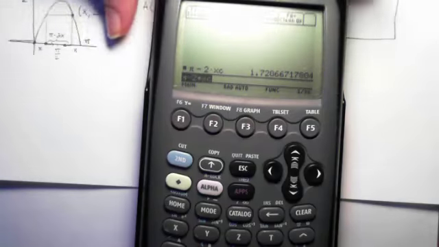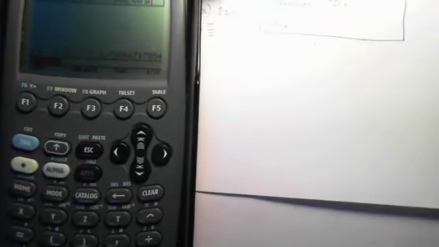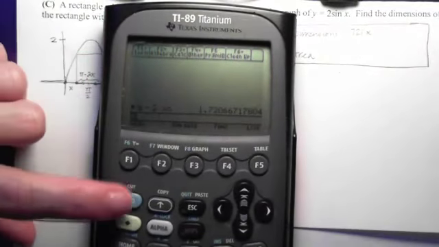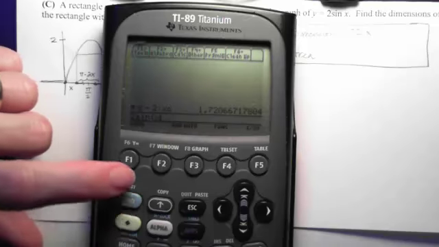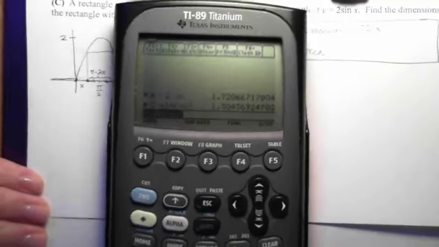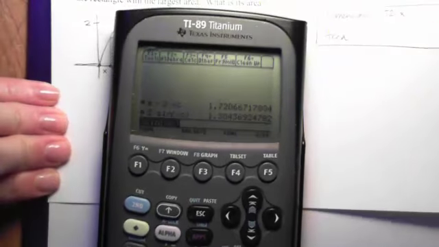So there's my base, which is 1.721, and then the height is 2 of those sine of xc's. So 2 times the sine of x alpha c. So there I get 1.304.